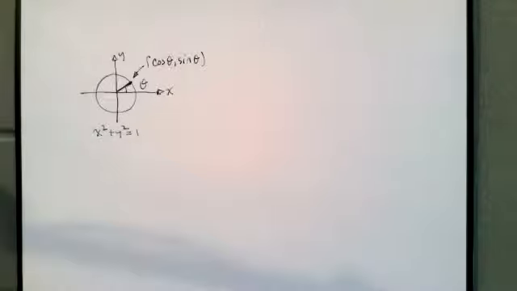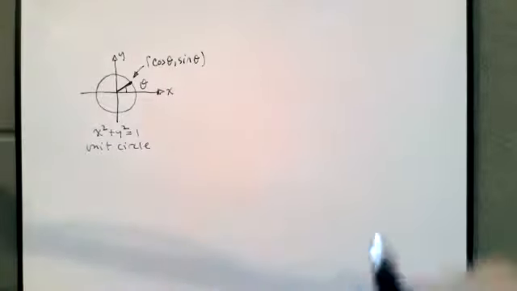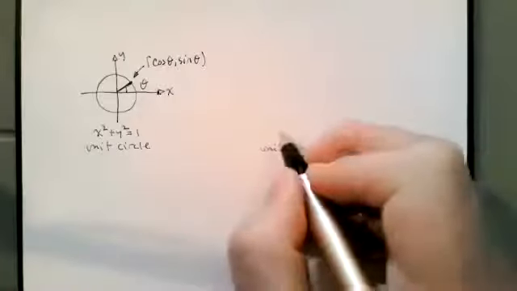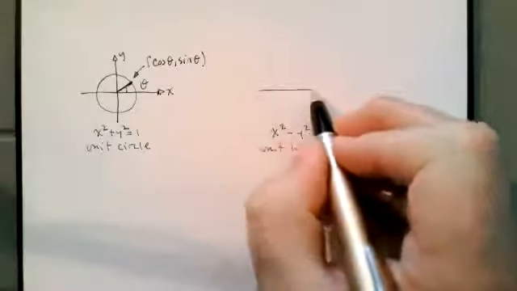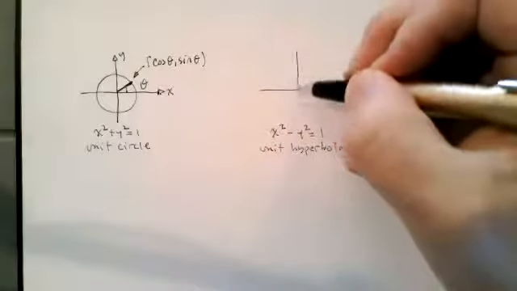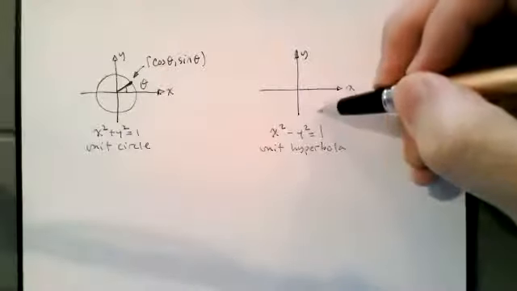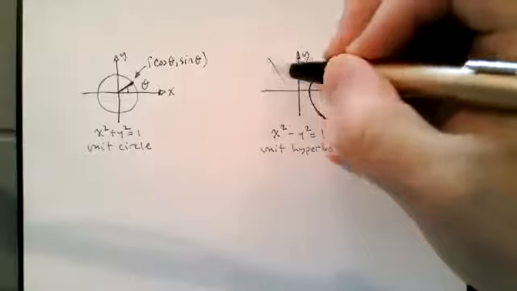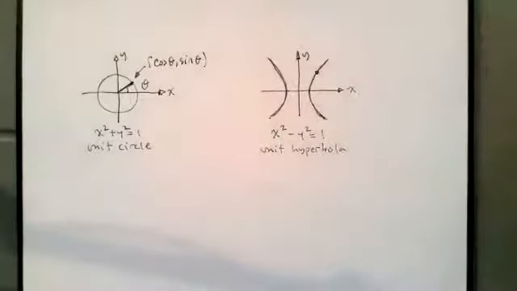If we trade our unit circle for a unit hyperbola, by trading our positive y squared for a negative y squared, so x squared minus y squared equals 1, we end up with a unit hyperbola.